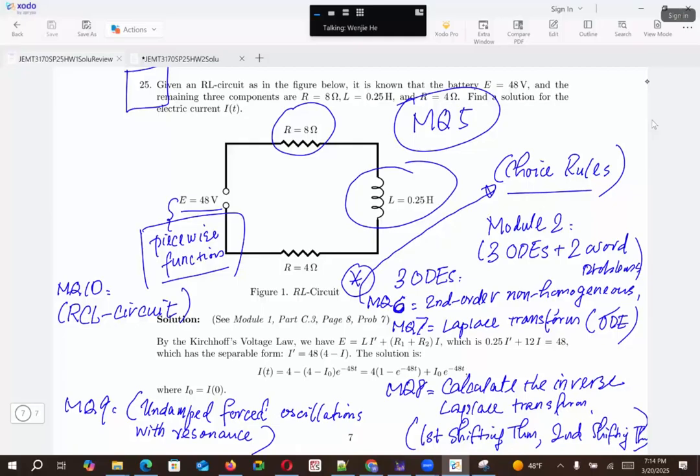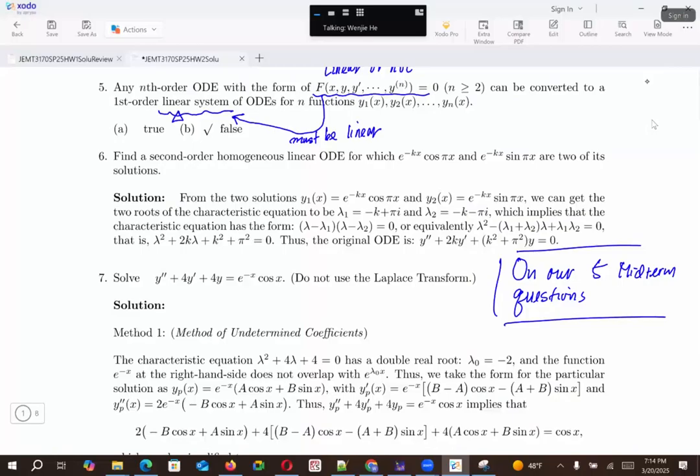In our homework, we have one similar question. Look at this question, question number 7. This is the sample question for MQ6.